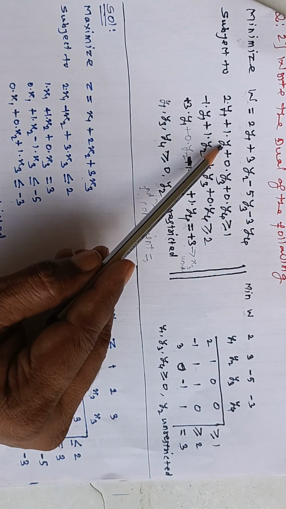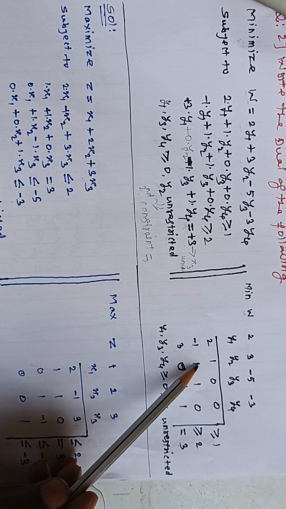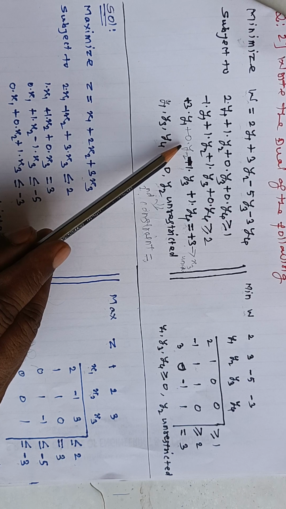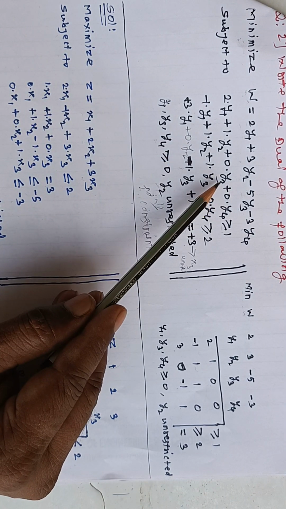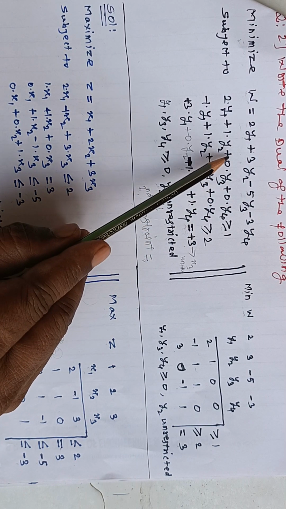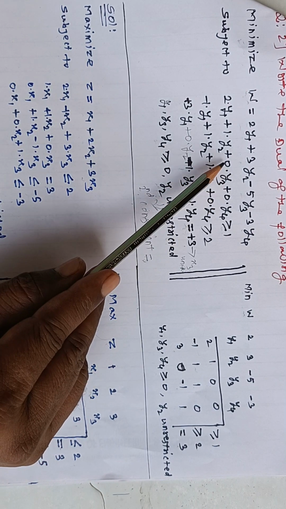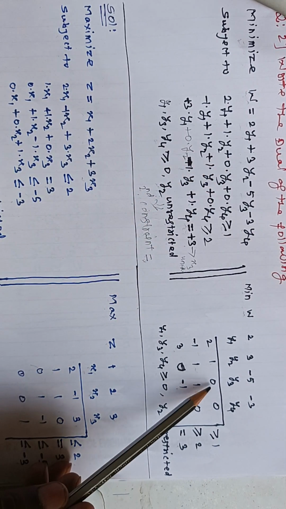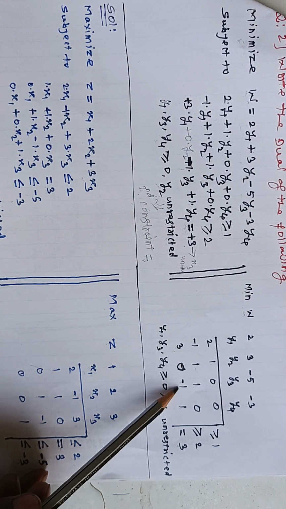Then coefficients of y2 from the constraints are 1, 1, 0, because y2 is not there in the third constraint. Then coefficients of y3. In the first constraint, y3 is not there, so you can write 0 times y3. So the third column will be 0, 1, minus 1.